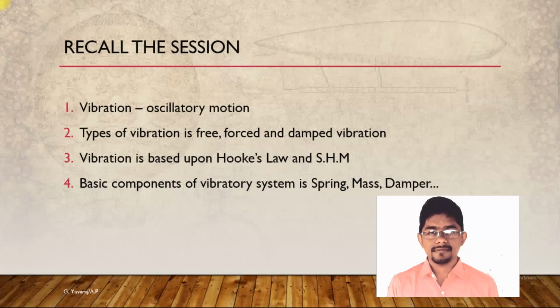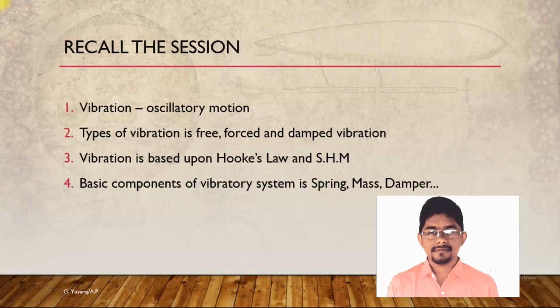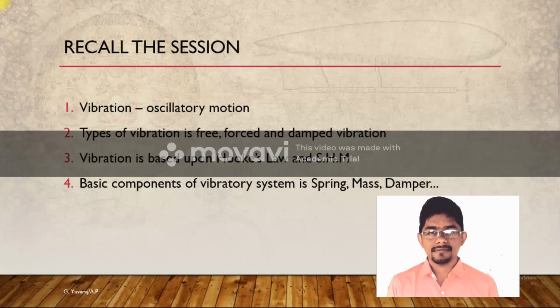Free means an initial force only. Forced means the external force keeps being applied, which means a continuous force. Damped means it can arrest the vibration either gradually or suddenly. And point number 3 to recall: vibration is based upon the principle of Hooke's law and simple harmonic motion. And the basic components of a vibratory system are spring, mass, and damper.